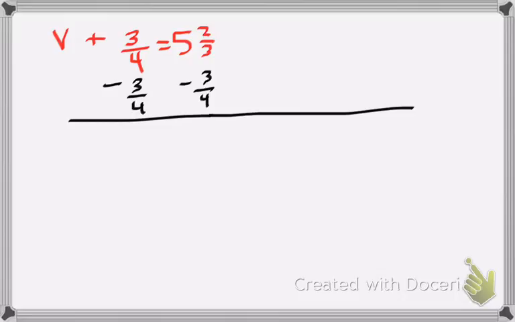Okay, first thing we need is a common denominator. So I need to make the 3 and the 4 have a common denominator. So I'm kind of looking at it like it's 12. And I give myself enough room, so that way I've got room for the whole number.